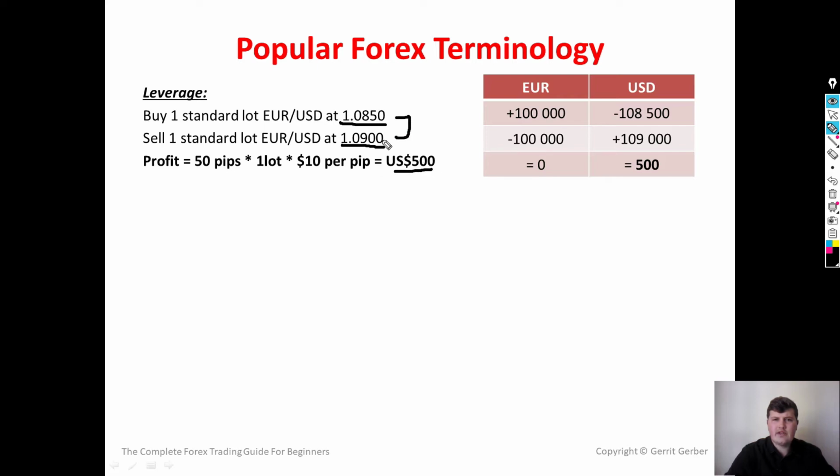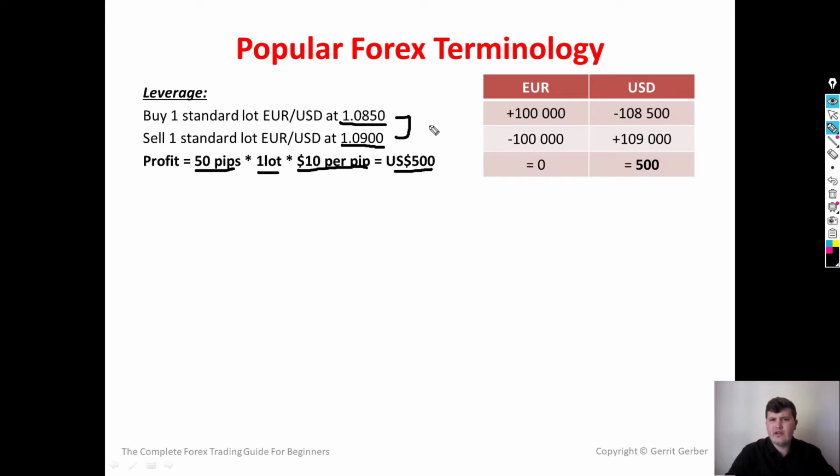This is an increase of 50 pips, and the profit is determined by taking the difference in the pips times your lot size and times the dollar value per pip. In the next lecture I'm going to dive deeper into how this works and give you some examples, so you don't have to worry about how this works right now. Just know that with this particular trade, trading one standard lot, you would have received $500 profit.